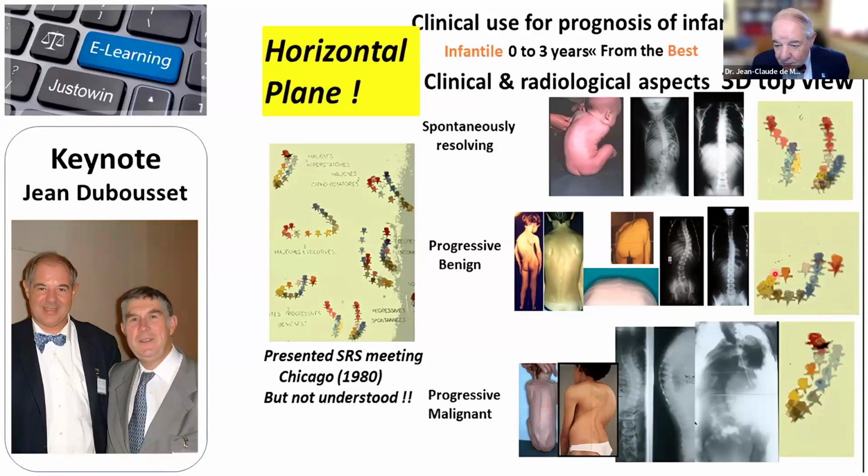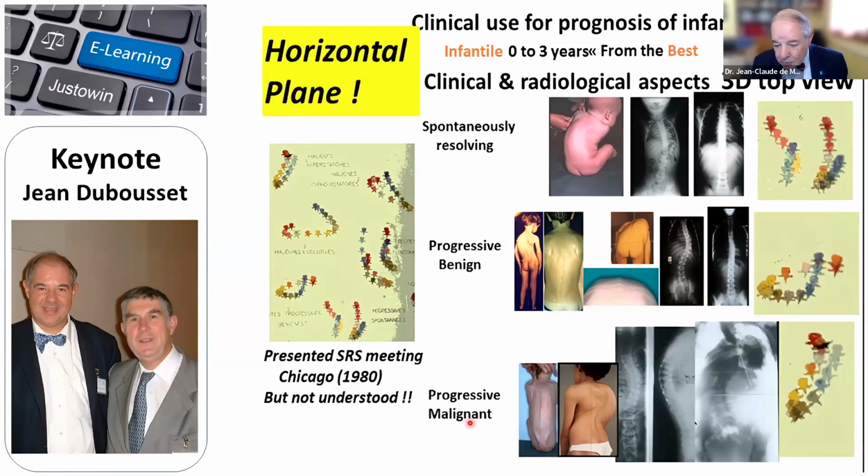The progressive curve was a curve with important apical rotation. So the horizontal plane makes the difference between resolving and progressive scoliosis.